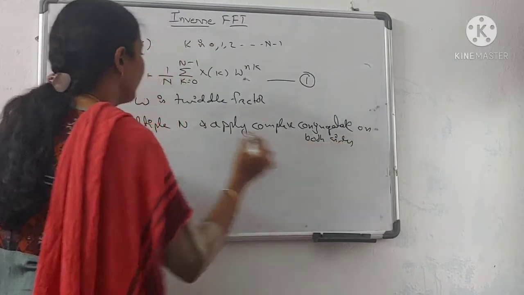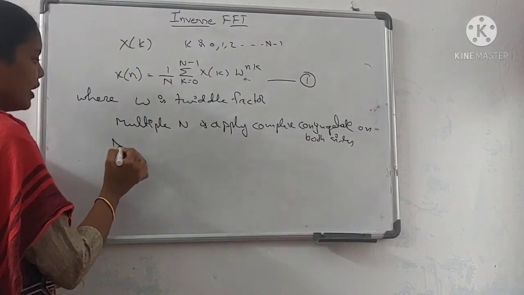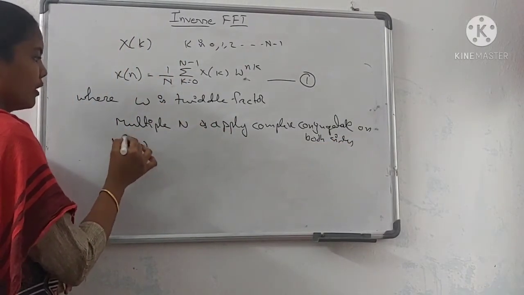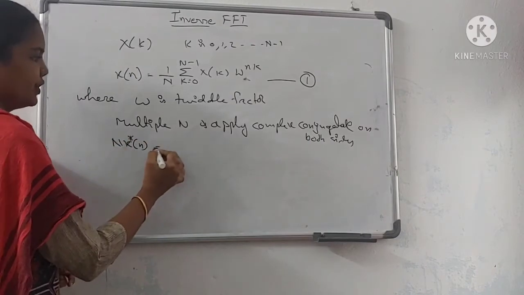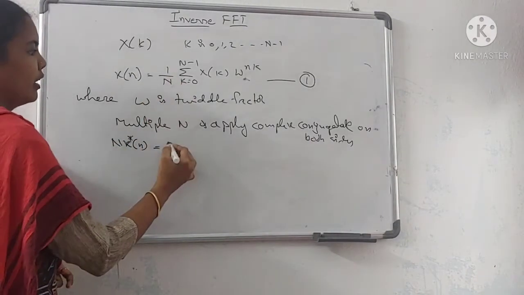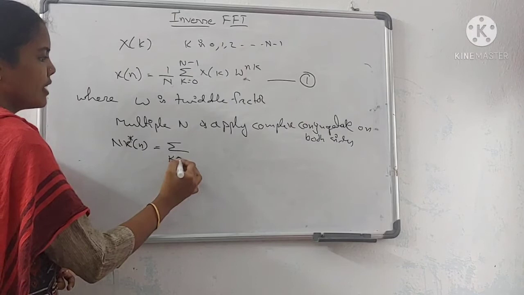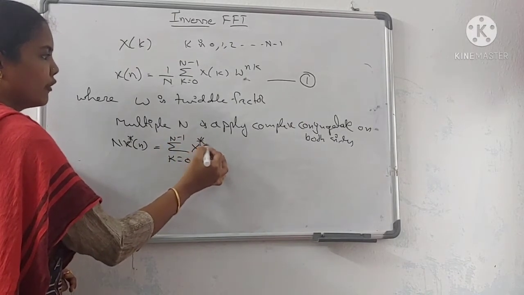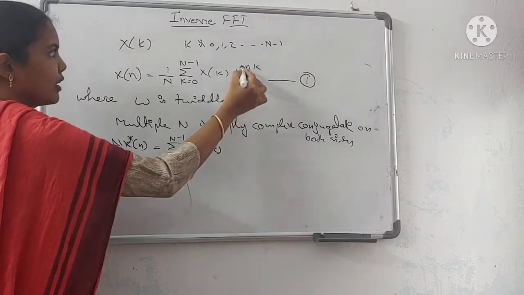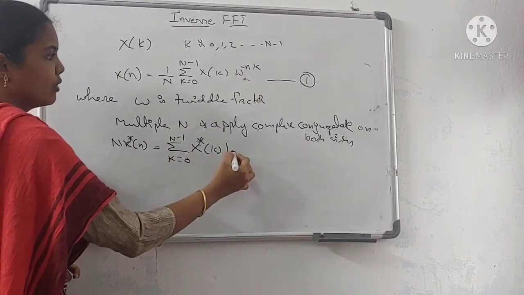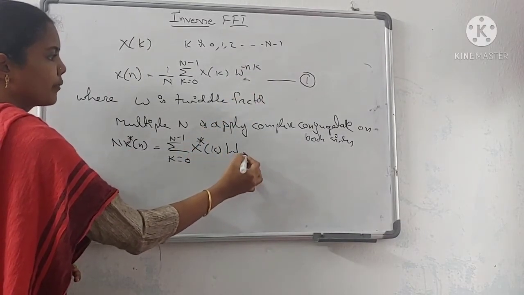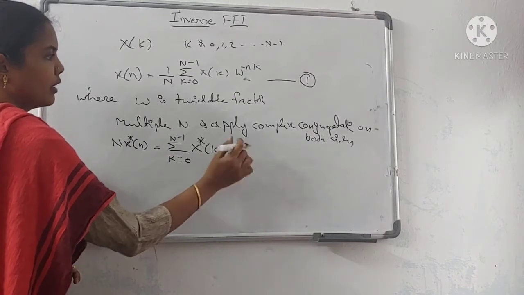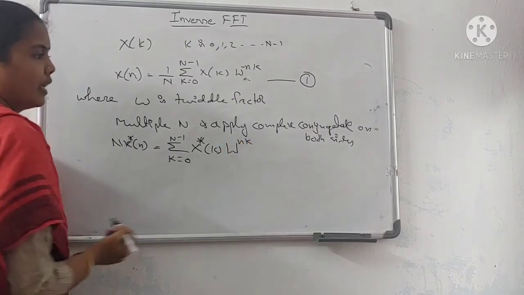So n into x conjugate of n is equal to 1 by n into n, both are cancelled, summation k is equal to 0 to n minus 1, x conjugate of k, so here there is a minus, so W_N^{nk}.